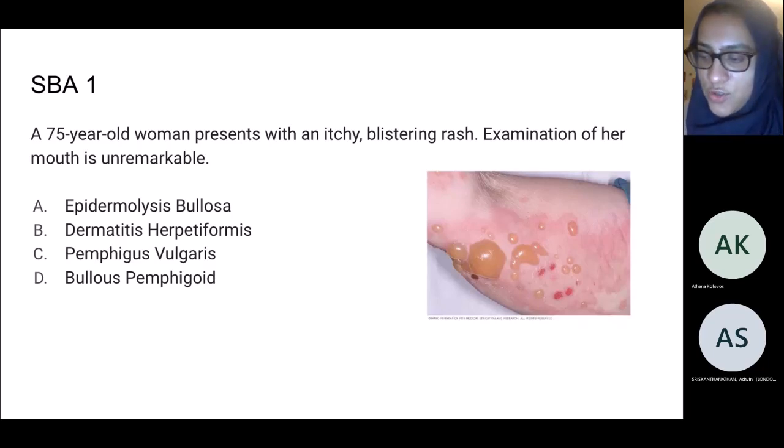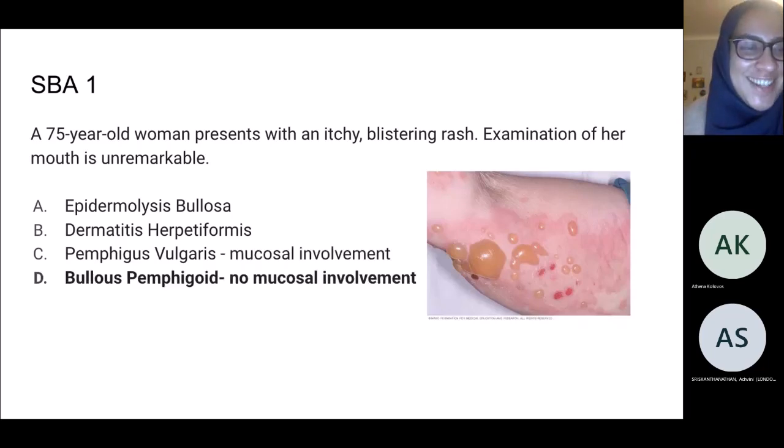Okay, so correct. The majority of you guys have answered D, bullous pemphigoid. So I'm going to go over each of what these conditions are in a few moments, but just to summarize. The reason why it's bullous pemphigoid is this is an autoimmune skin condition. What you tend to get typically in SBA situations is that you don't get any mucosal involvement.